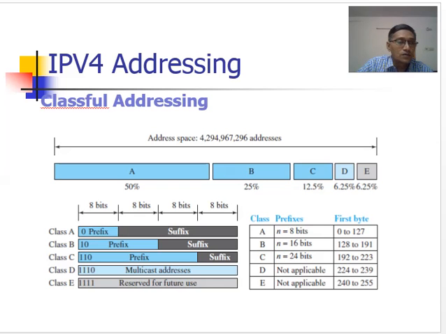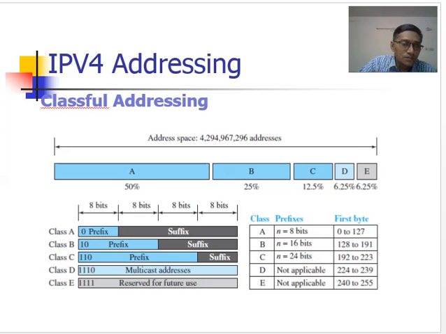You need to convert this binary value to decimal. All 7 bits are 0 after the prefix, so it is 7 zeros, and when all 7 bits are ones, it is equal to 127. So totally 0 to 127 networks are possible.